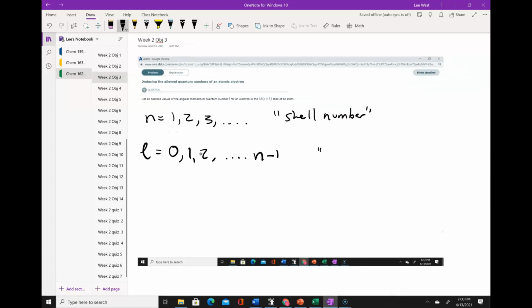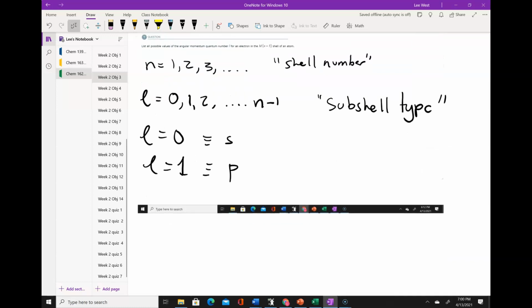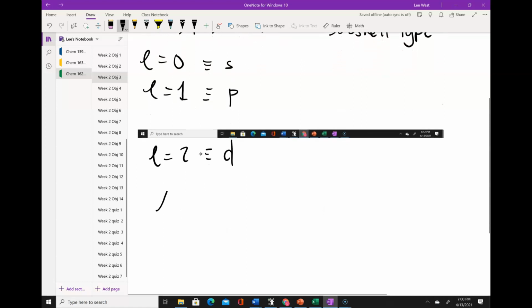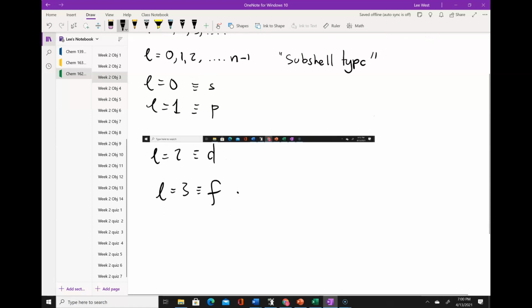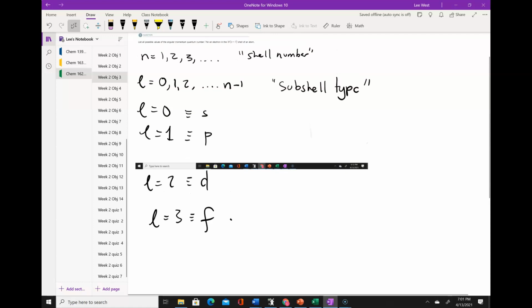And l is called the angular momentum quantum number, but what it corresponds to is the subshell type. In particular, l equals 0 is an s subshell, l equals 1, you guessed it, is a p subshell, l equals 2 is a d subshell, and l equals 3 is equivalent to an f subshell. So s, p, d, and f, that's how it works, all right?